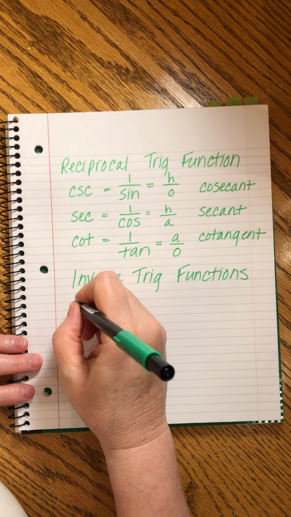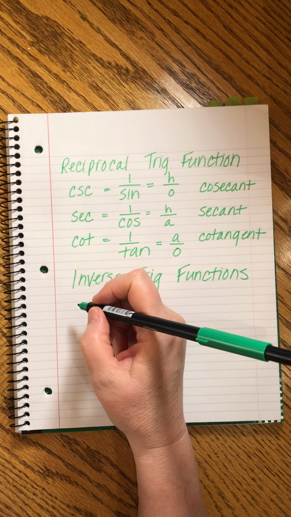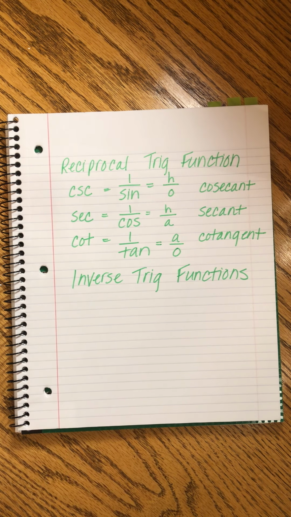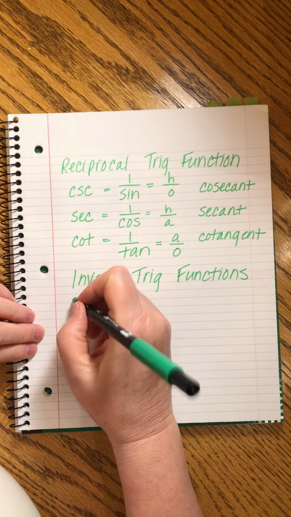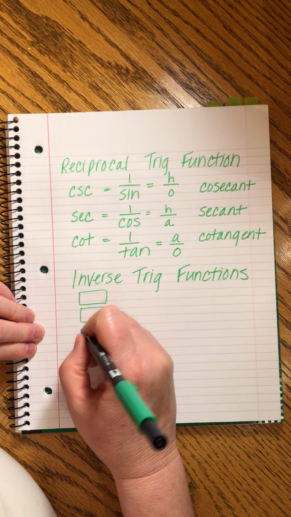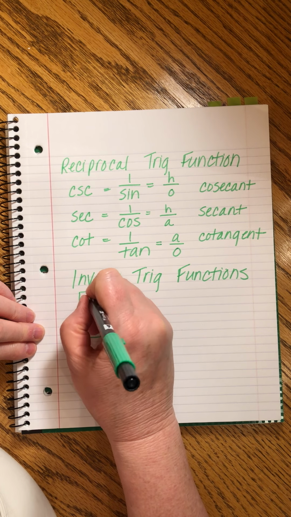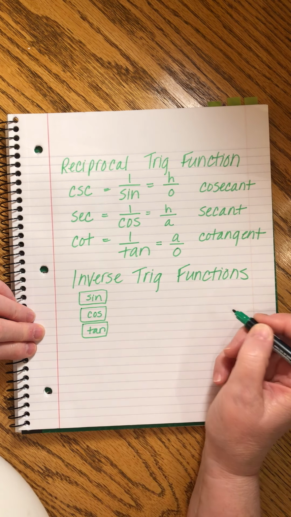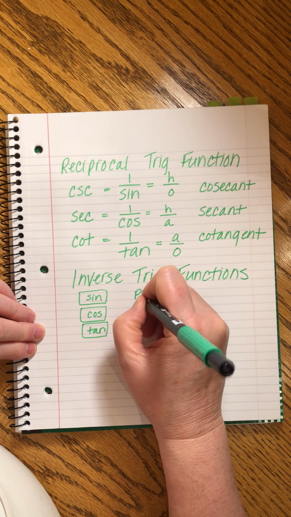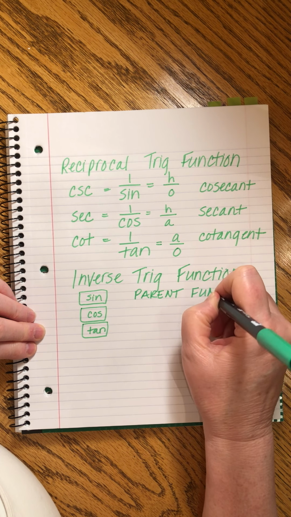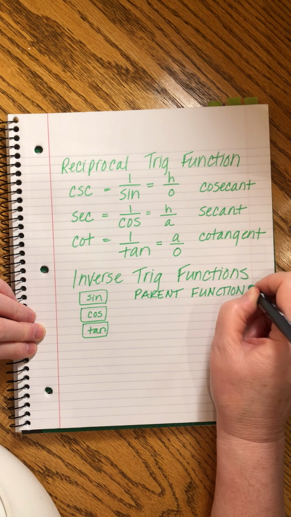The way we've learned it so far is in dealing with the buttons on the calculator. We have a button that says sine, a button that says cosine, a button that says tangent. These are what we call the parent functions. They're on the front face of the calculator, right?